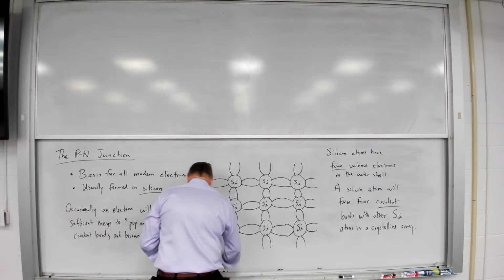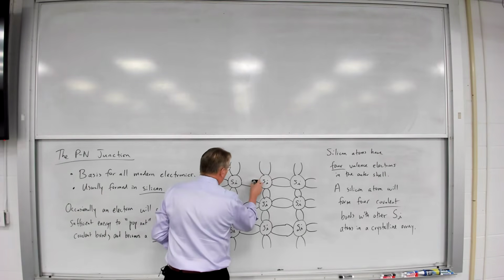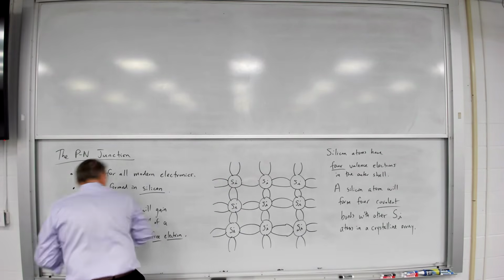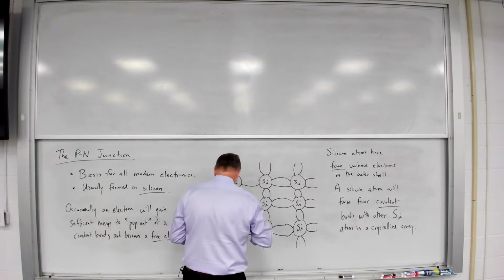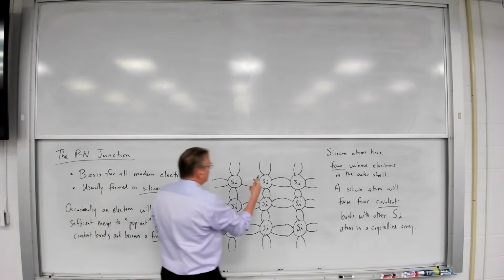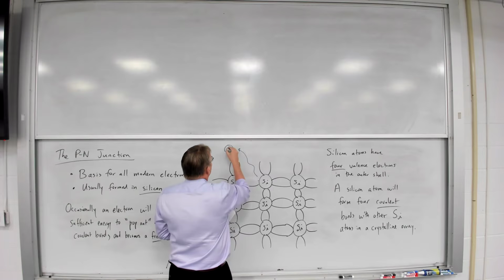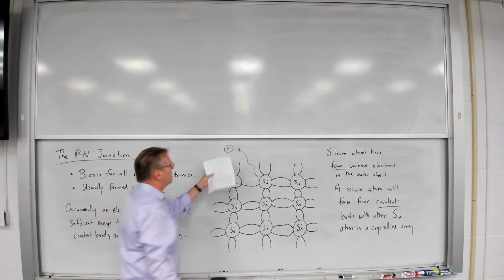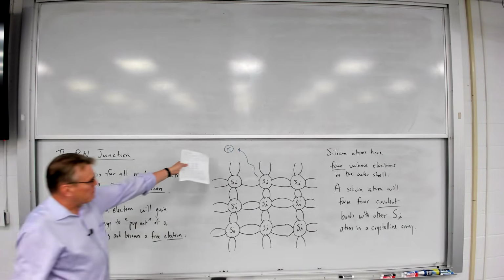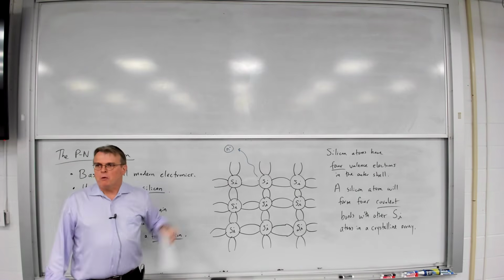So what will happen is an electron will pop loose. I'll use a different color for this. And we normally represent that electron with the letter n in semiconductor physics. But this electron will be a negatively charged particle. It pops loose from one of the silicon atoms.